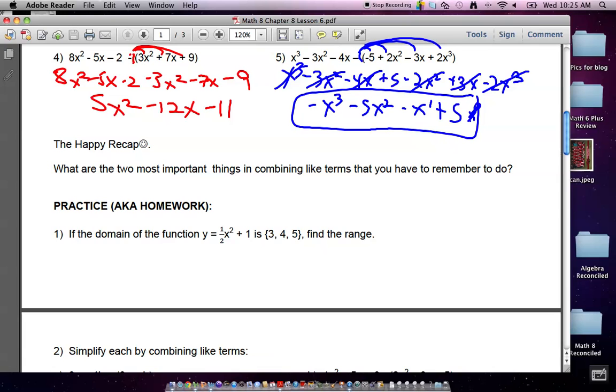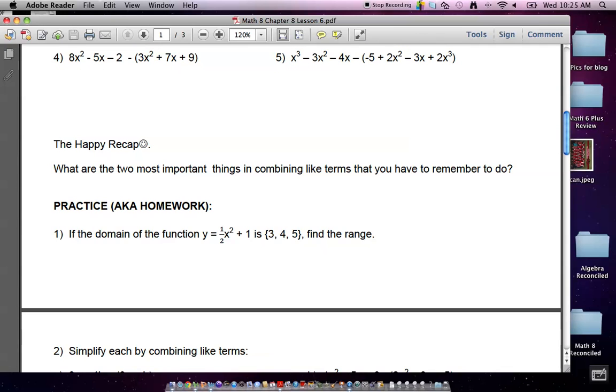That's the like terms. You want cubes with cubes, squares with squares, so on and so forth. And the other thing to remember is if you have a negative in front of a parenthesis, put the 1 there, distribute it, and you've got it all done. Okay. You guys can now start your homework.